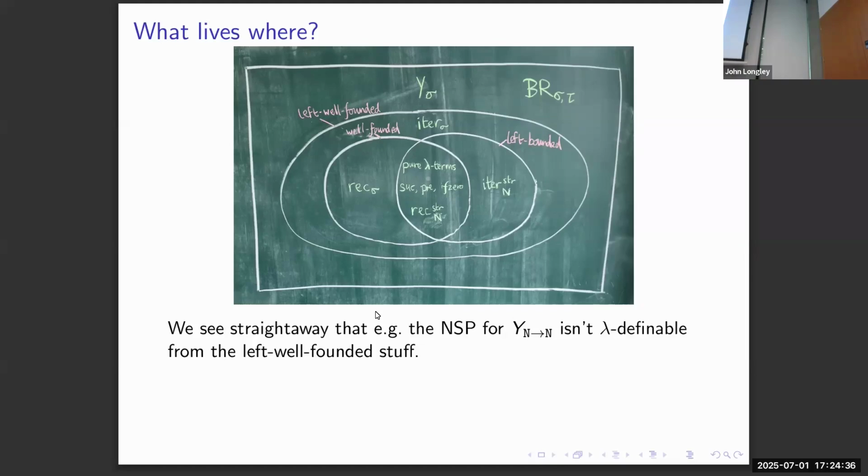Does anything interesting happen if you change from natural numbers to a finite set? Yeah, that's sensible to do. You still get this undecidability of observational equivalence.